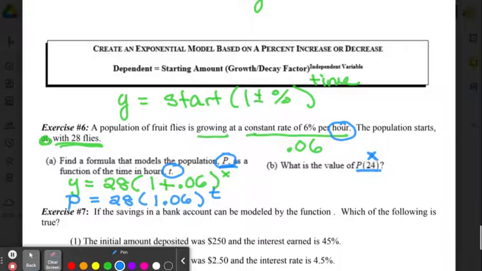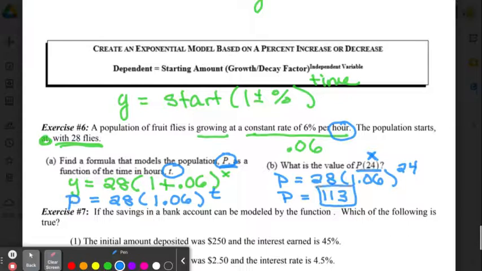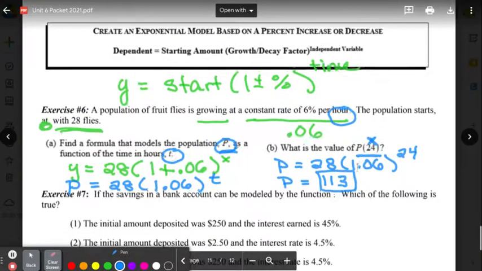So remember, we started with 28. 28 times 1.06. So in the T spot, I'm going to plug in a 24. And then when I put that in my calculator, I get about 113. So after one day, you would go from 28 flies to 113 flies. Gross.